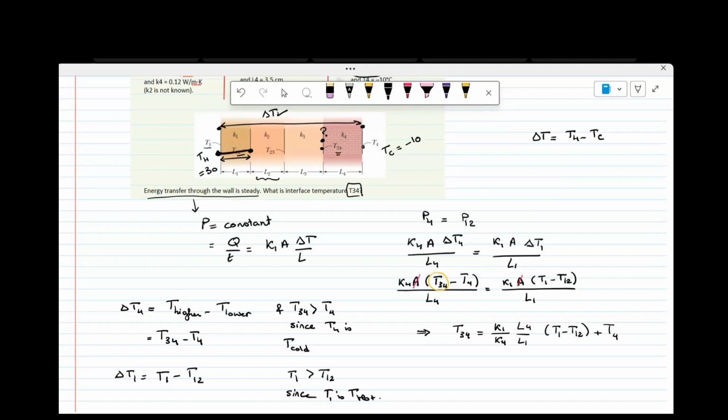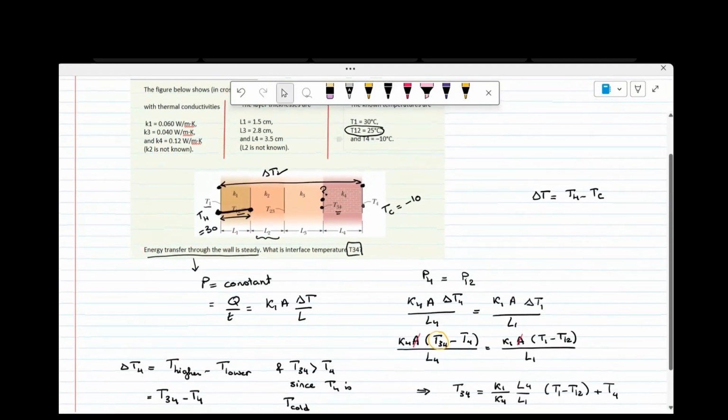And if you look at our question, we have all of the quantities in the equation. We have K1, it's 0.06, K4, which is 0.12. We have L4, 3.5, L1, 1.5. We have T1, 30 degrees, T12, 25 degrees, and T4, which is minus 10.